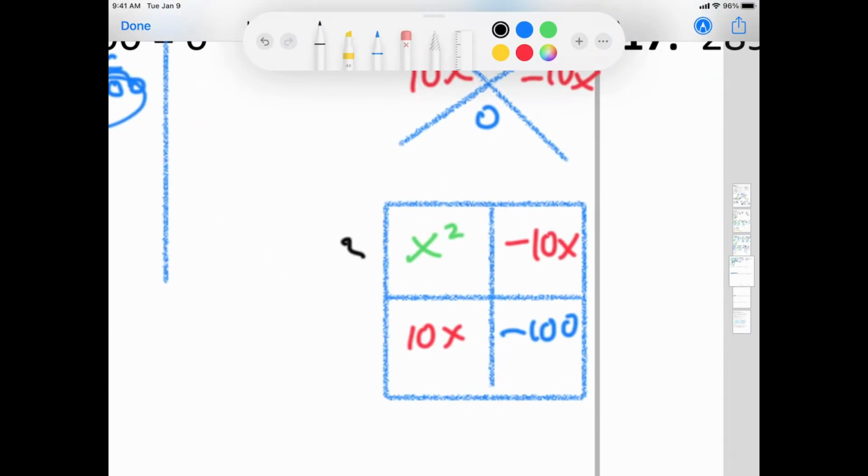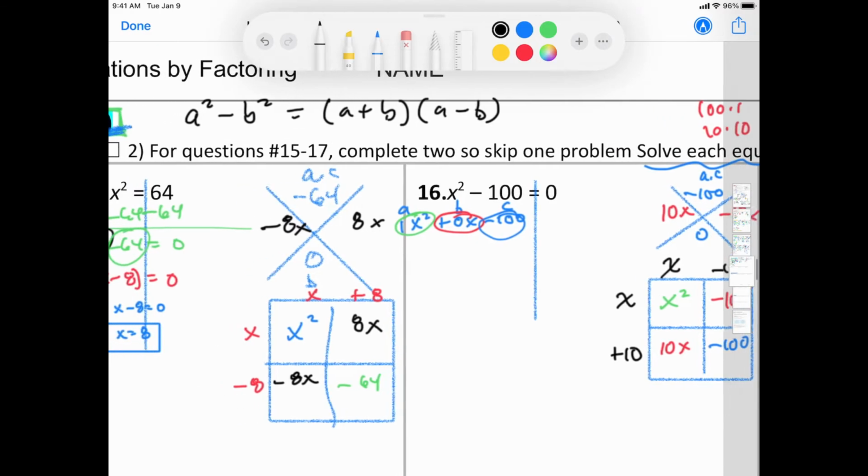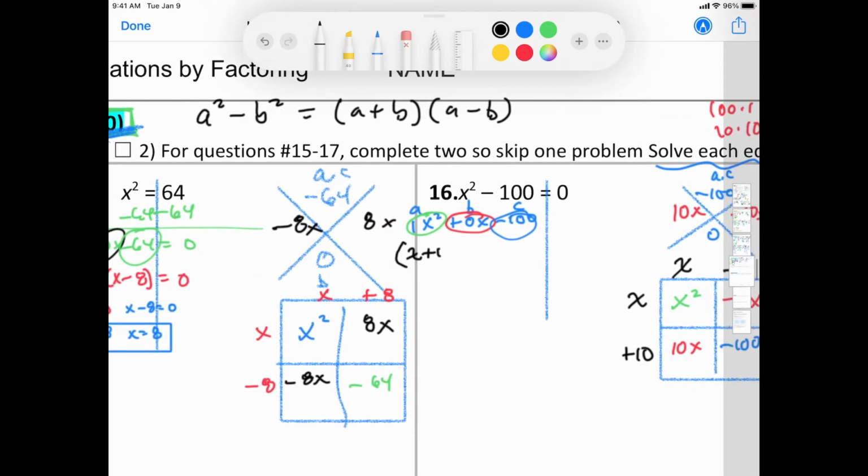GCF here is going to be, whoa, I was trying to do a fancy x. X plus 10, x minus 10. So that becomes x plus 10 and x minus 10.